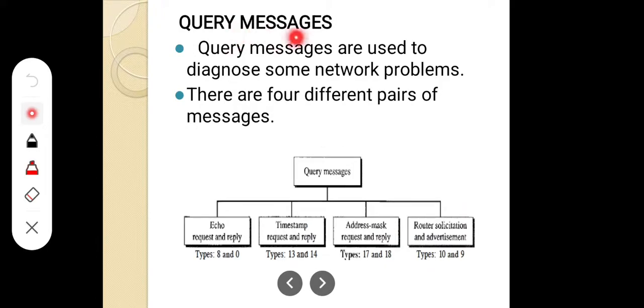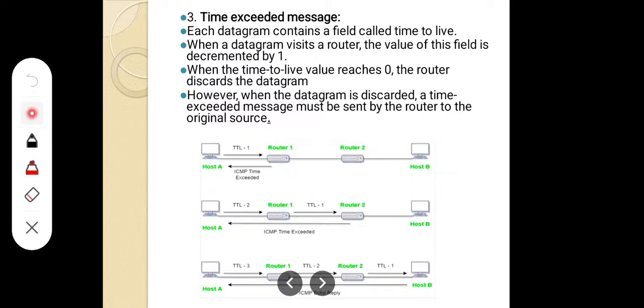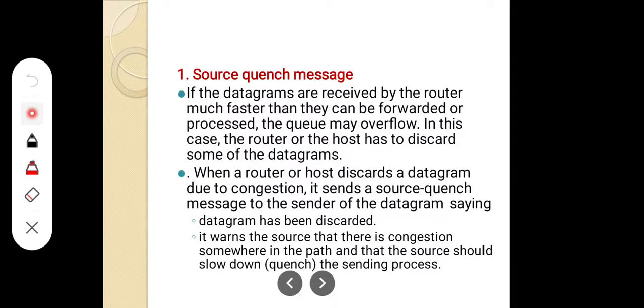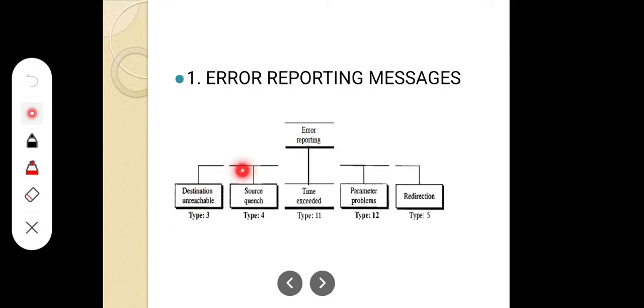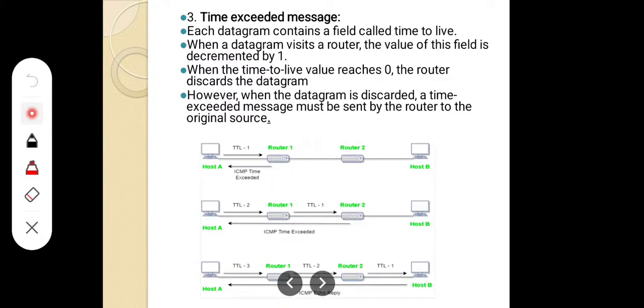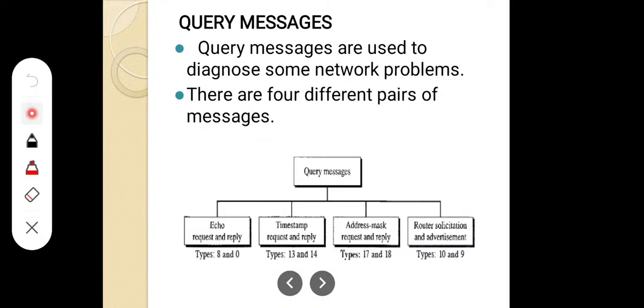Next, query messages. We have completed the error reporting messages: destination unreachable, source quench, time exceeded, parameter problem and redirection. Now we are going to the next part, that is the query messages.